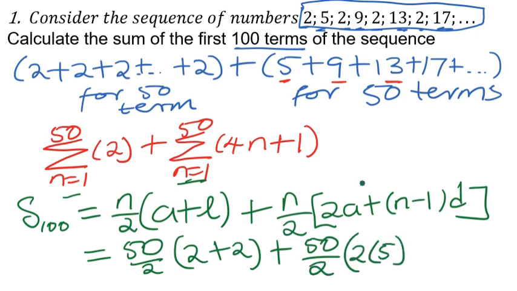Our a on this one is 5. So plus n, which is 50, 50 minus 1 is 49, multiplied by the common difference, which is 4.